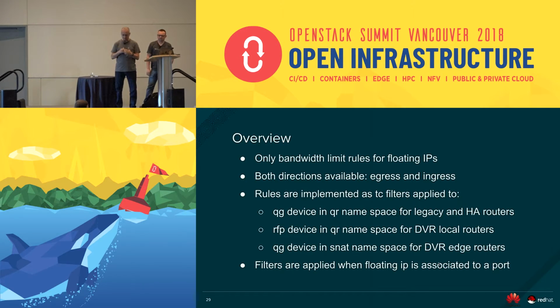And we have what we call DVR edge routers, which are DVR routers where the floating IP is not bound to a port, and again we centralize that, and as a consequence, the policy is applied to the QG device in the SNAT namespace in the centralized network node.